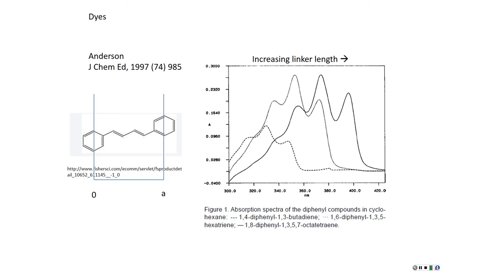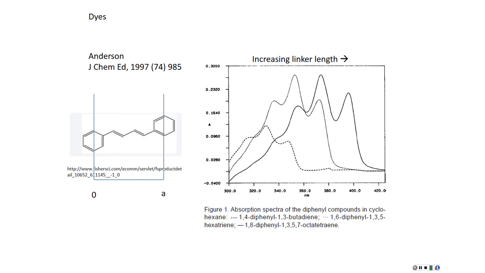All that we're doing is varying the number of double bonds in between the benzenes, so changing the number of carbons in that linker. If you measure the UV-Vis spectrum, you find that as the linker increases, the absorption shifts to the red, so to higher wavelengths. Higher wavelengths means smaller energy differences.